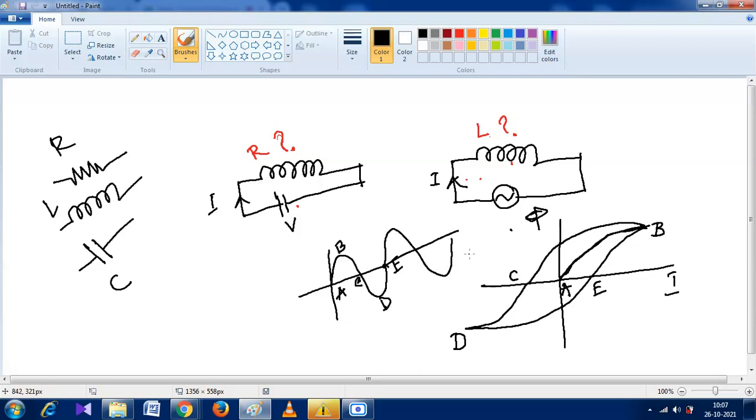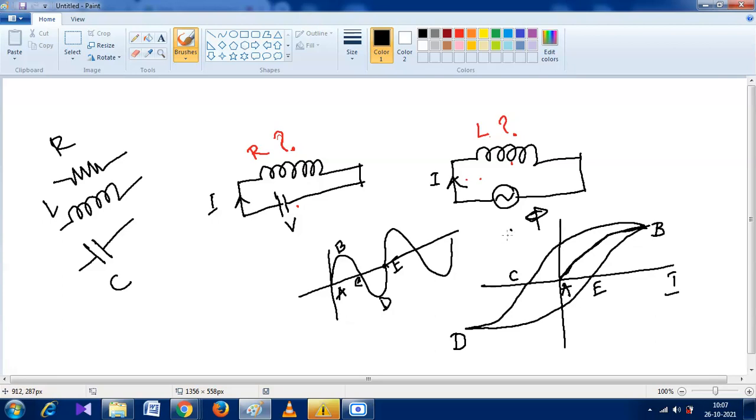Have you understood how this curve is generated? Manish, you are not audible.